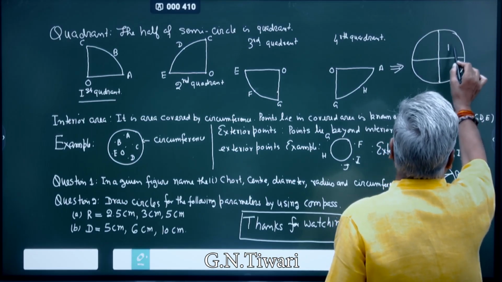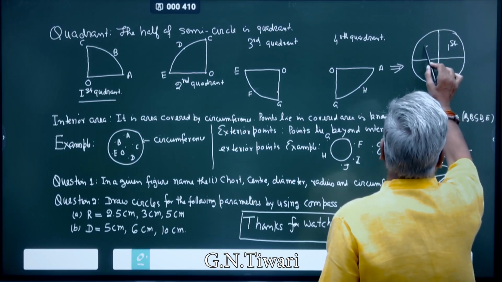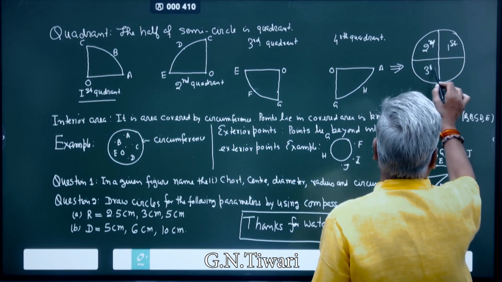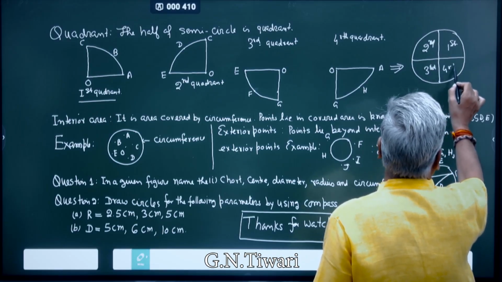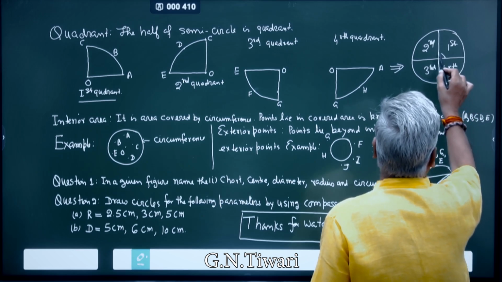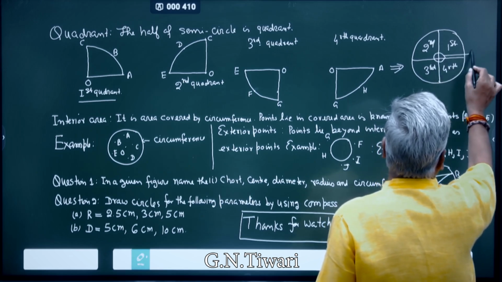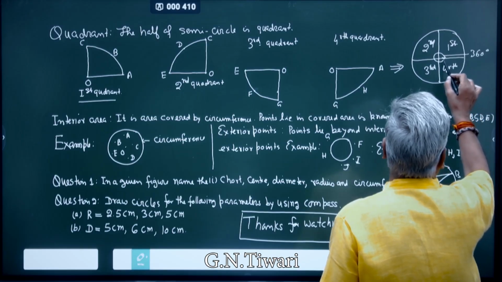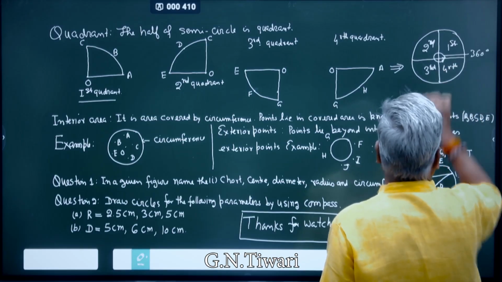It is the first quadrant, this is the second quadrant, this is the third quadrant, and this is the fourth quadrant. And sum of this angle is 360 degree. Just it is from here to here, anti-clockwise.